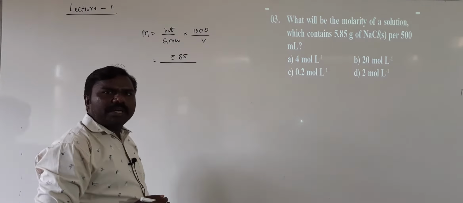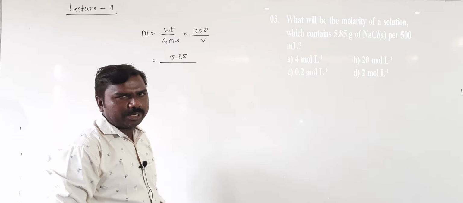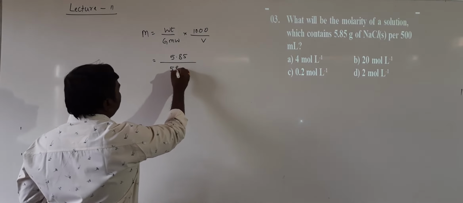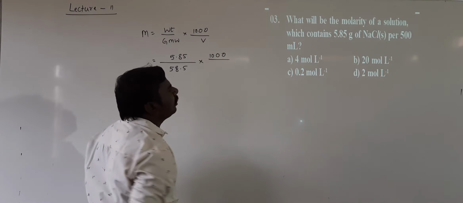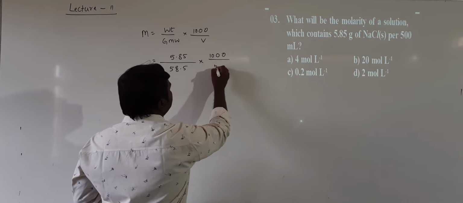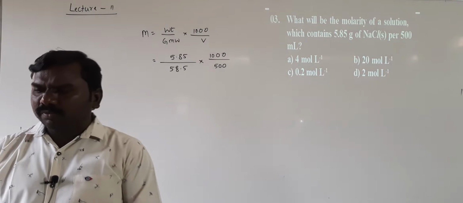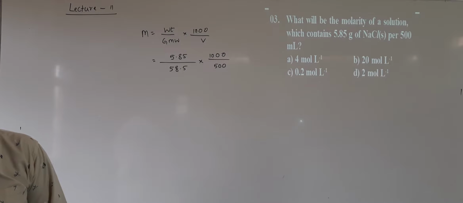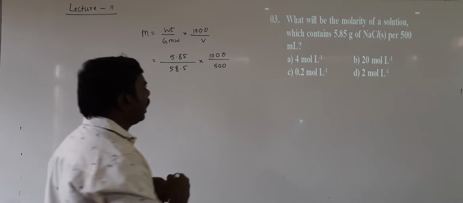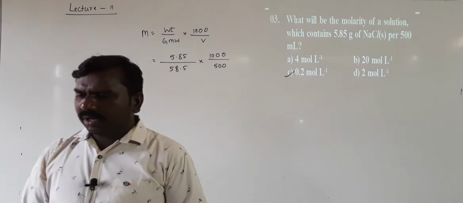Gram molecular weight of NaCl: Na 23, Cl 35.5, totally 58.5, into 1000 by volume 500 ml. On solving this, you will get your right answer. The right answer is 0.2 mole per liter. So option C, correct. Next bit.